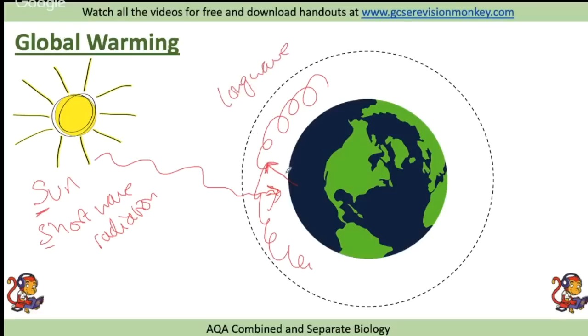But the trouble is, the long wave radiation finds it very difficult to get through this layer of greenhouse gases. So it's reflected back down to the Earth, and that's what causes it to warm up. And the consequences of that you should be aware of from the news, things like flooding and extreme weather and hurricanes and things like that.